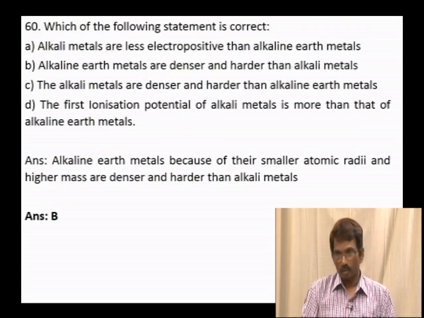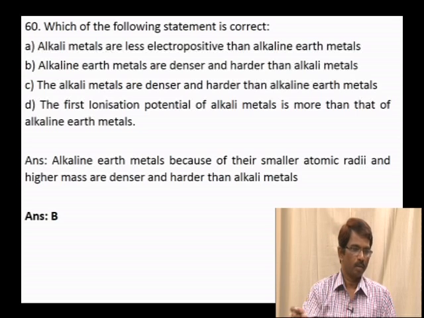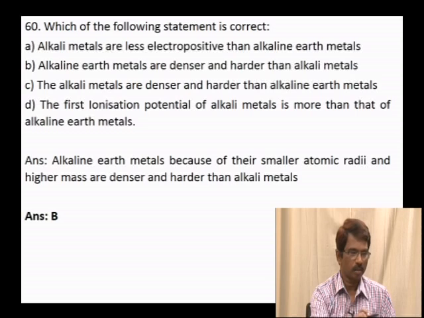Moving on to question number 60. Which of the following statements is correct? You have to find out the correct statement among the four options. Option A, alkali metals are less electropositive than alkaline earth metals.